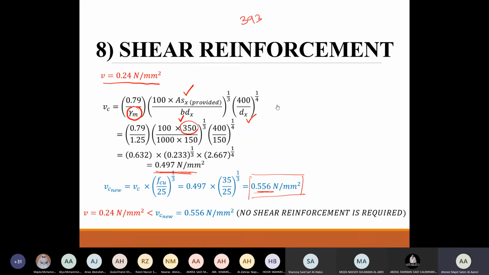To keep it summarized, if you are getting that your V is more than vc in a slab, it means that you have done something wrong with your calculation. In short, yeah.